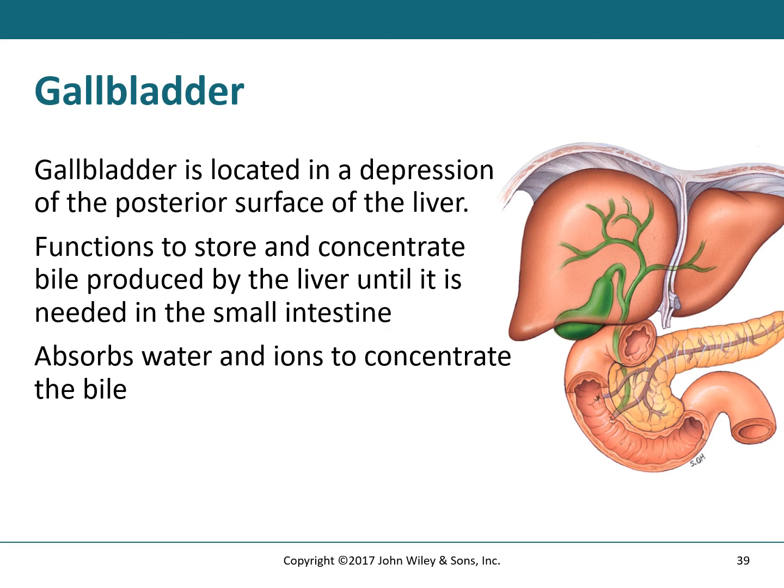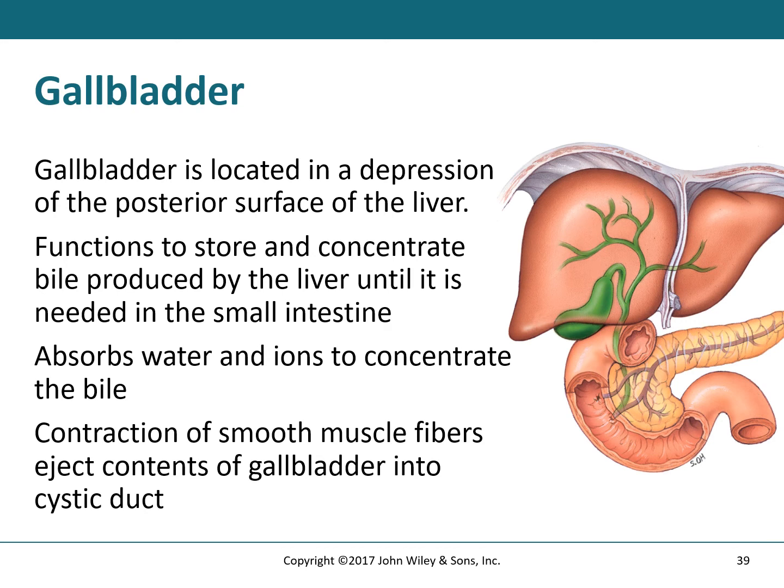And it absorbs water and ions in order to concentrate the bile even more than when it's produced from the liver. And finally, contractions in smooth muscle around the gallbladder are what is going to eject this bile into the cystic duct, which then joins up and dumps its contents into the duodenum.